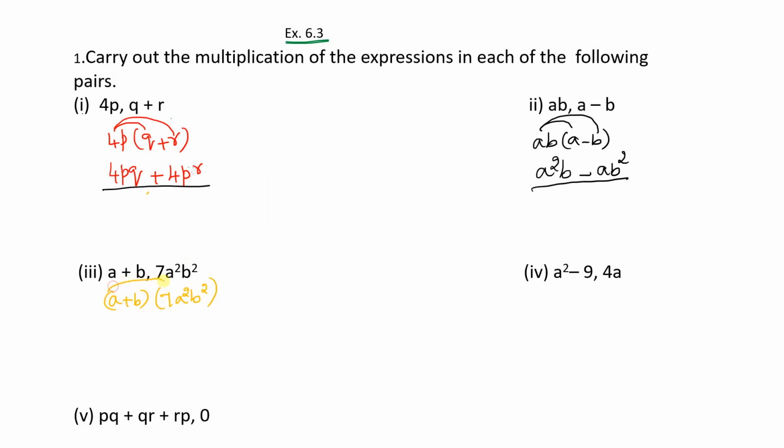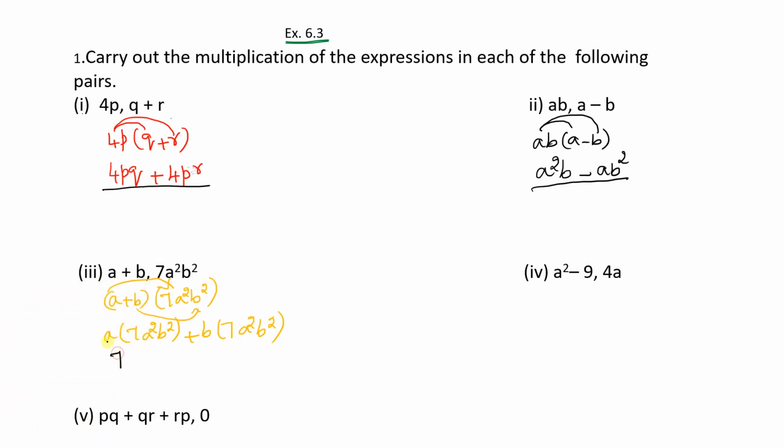It is a into 7a square b square plus b into 7a square b square. Even you can write this as 7a square b square into a plus 7a square b square into b. You can write in any way, you will get the same answer.